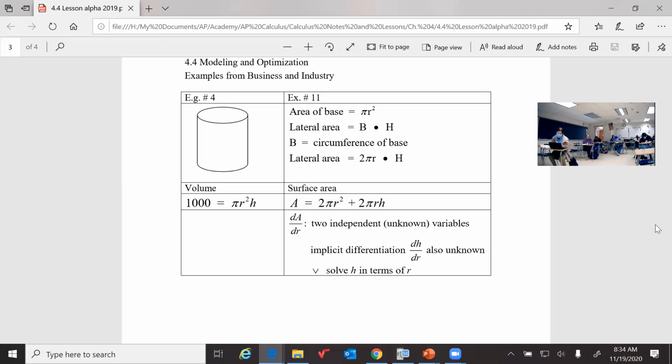Divide both sides by pi r squared. They would reduce. That's what h is. And if we put this where that h is, we could differentiate A with respect to r. And that's what happens in the book.